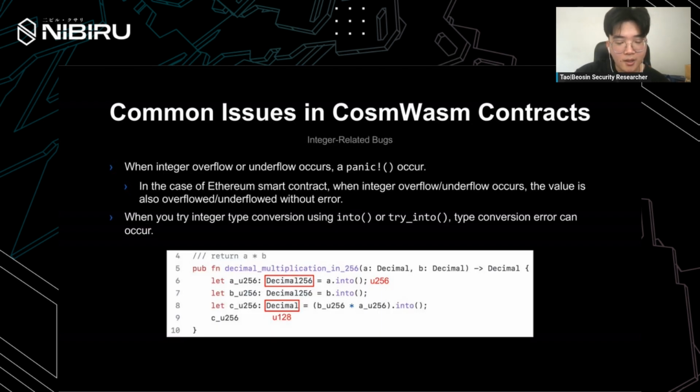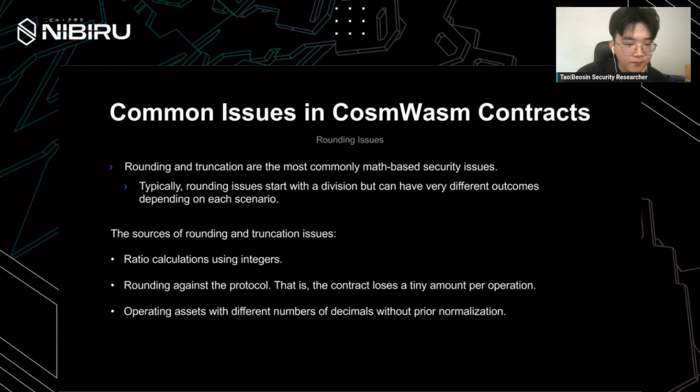When we do the calculation, we only use an int128 variable to contain the result of two uint256 variables' addition. So those are the three common scenarios causing rounding issues and also truncation.